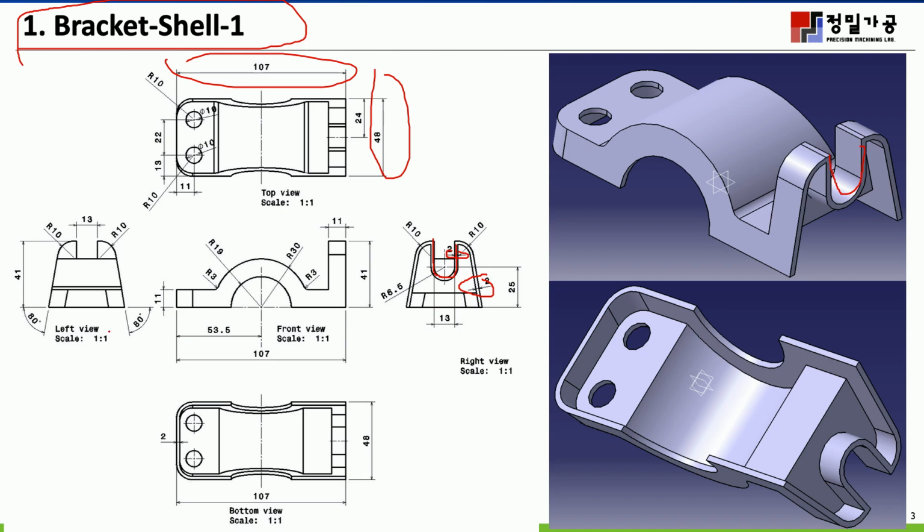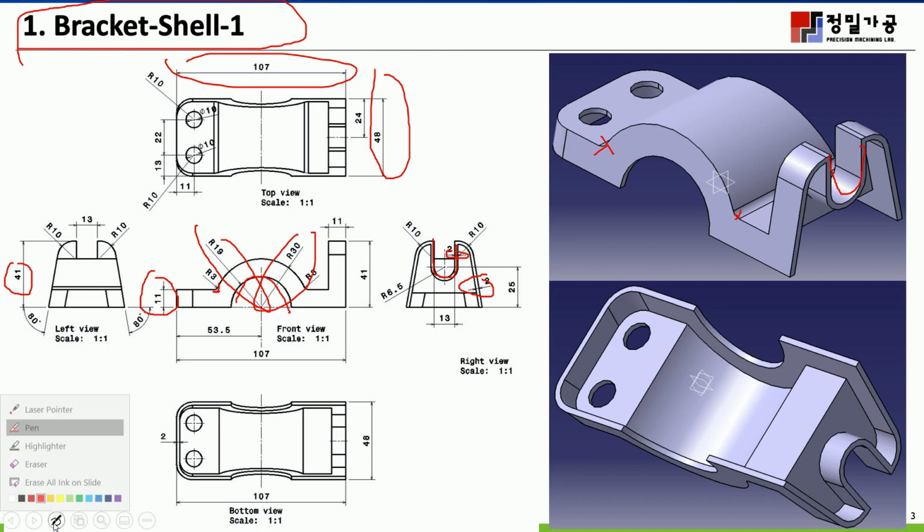It has a thickness of about 11 and a height of 41, and it has a radius of 30 and an inside radius of 19 millimeter. It also has a fillet on this side and this side. Okay, I think this one is okay.